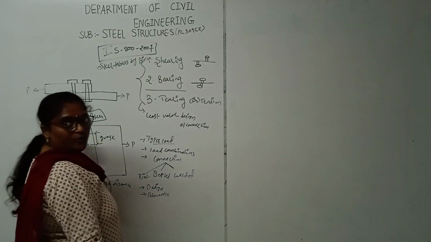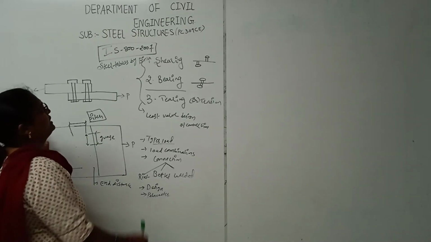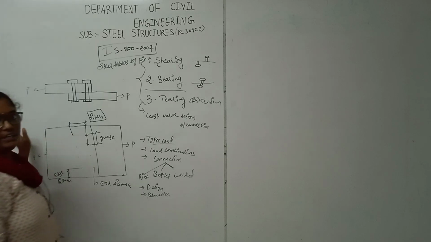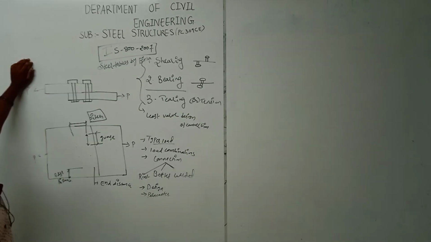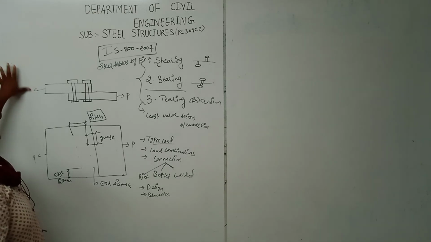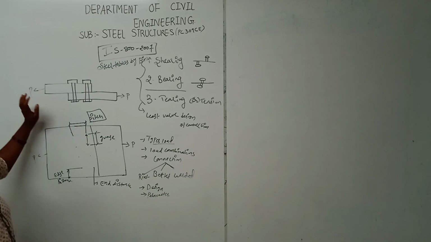Why I am saying only Birla Publications is because in Birla Publications you have clear values, you can find them very clearly. So whenever we are solving the problems, I will be giving you the assignment for solving the problems. At that moment I request everyone to use IS 800 2007. So right, from next lecture it is very important to use this.